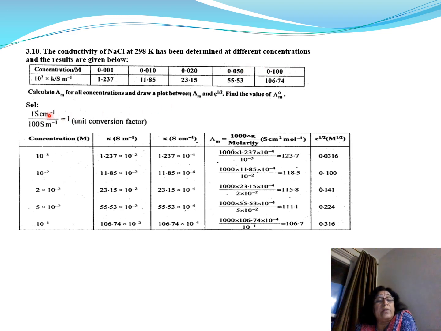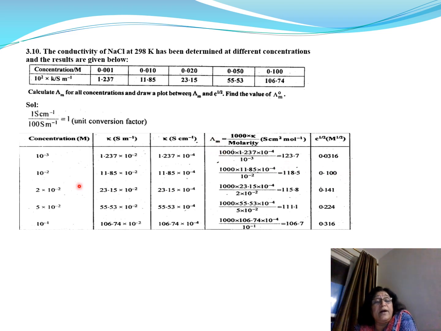Okay. Then here conductivity of NaCl at 298 Kelvin is given at different concentrations. So you have to calculate the lambda m for all concentrations, draw the plot, and then calculate the lambda m naught, that is molar conductivity at infinite dilution. So for various concentrations, K is given, and you have to calculate the molar conductivity.